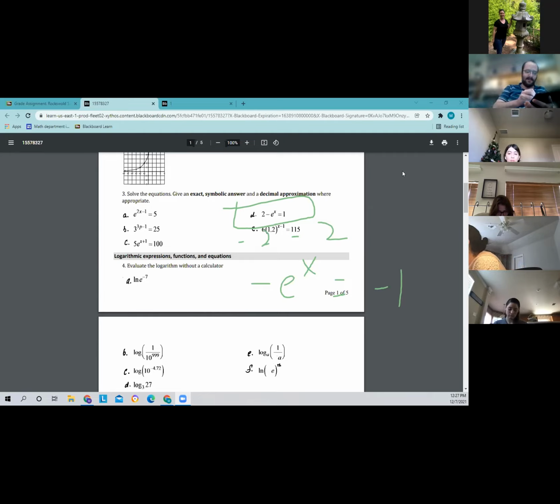The next step, I don't want that negative, so how do I get rid of it? Divide by a negative, multiply by a negative, whatever you want to say, right? But I get e to the x is equal to 1.